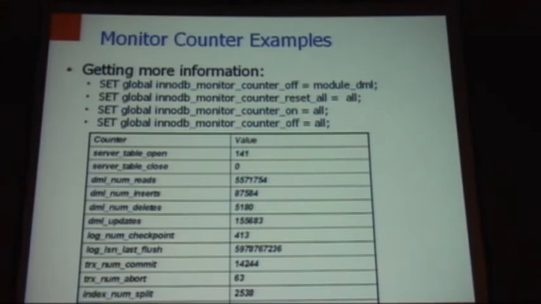And there's a number of reads happening, a number of inserts, as well as the checkpoints, how many checkpoints have happened, how many flush have happened, a number of commits. So those are just part of the list you're going to see. We're just showing some list information there. So this counter gives you a lot of interesting information.